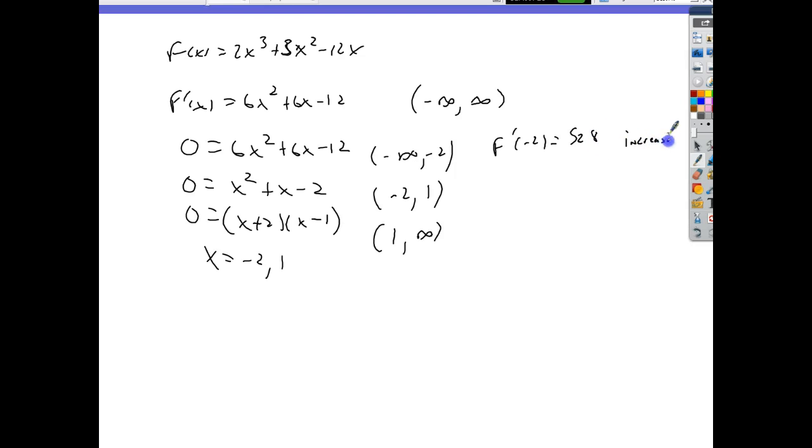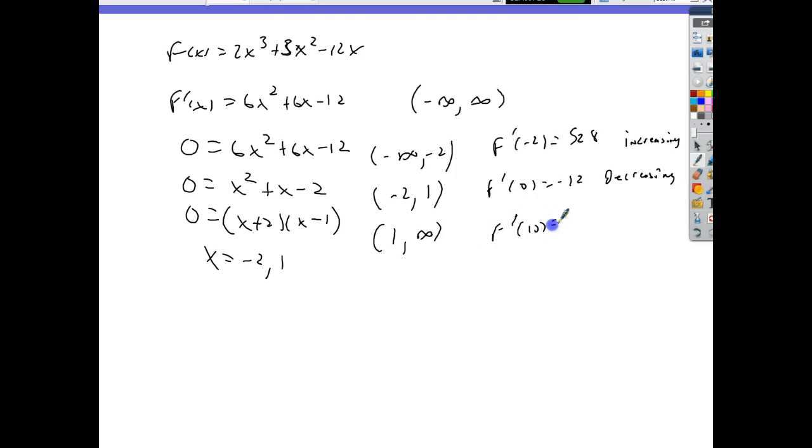Increasing. Now I check between negative 2 and 1. What are we going to check? 0. Good call. I get negative 12, which means it's decreasing between those two points. And between 1 and infinity, I'm going to check 10.